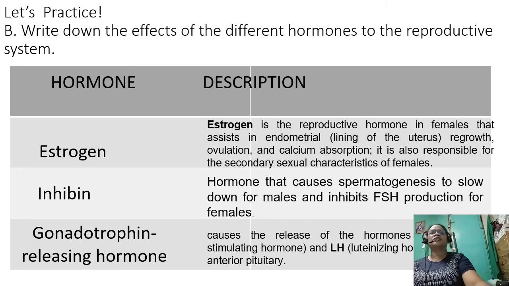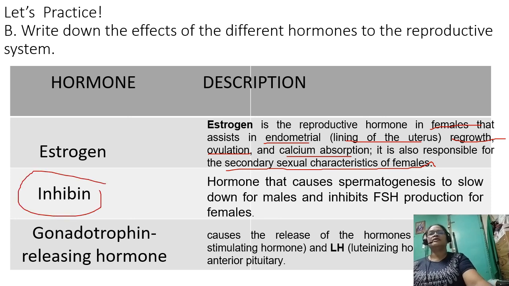Hormone estrogen is the reproductive hormone in females that assists in endometrial or the lining of the uterus for regrowth, ovulation, and calcium absorption. It is also responsible for the secondary sexual characteristics of females like breast enlargement and all sorts. Next, you have inhibin.